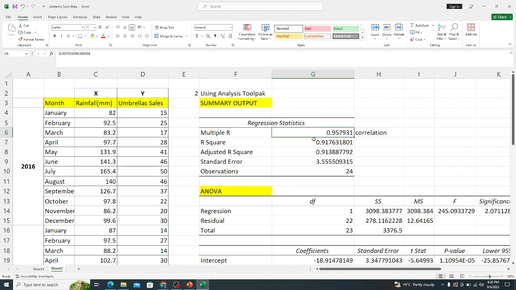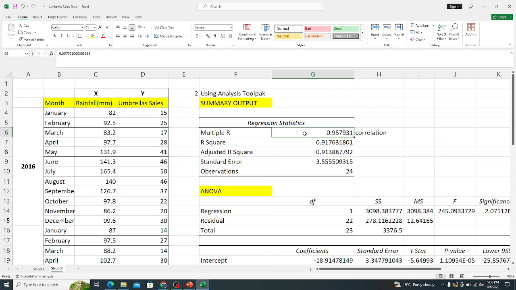From the value you can see we have a very strong, not a perfect, correlation. We have a very strong correlation between these two variables.